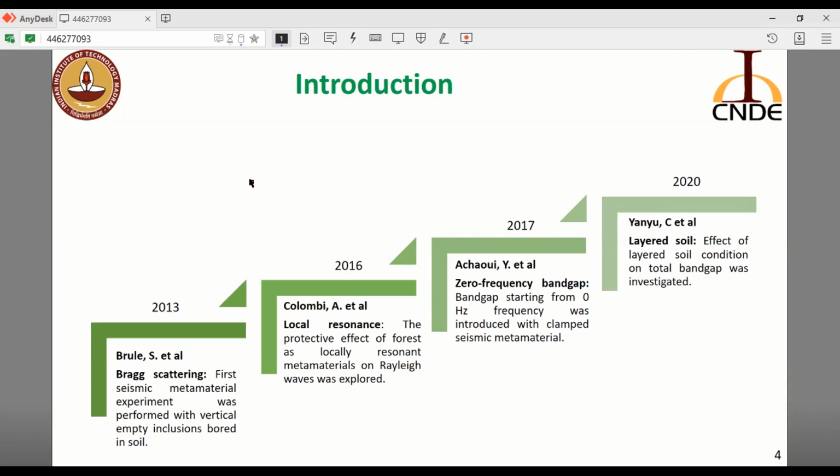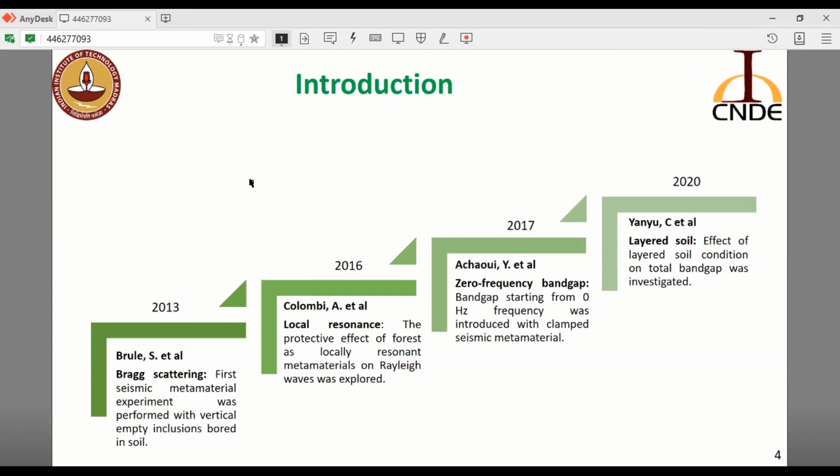It will not pass through the metamaterial. Yes, but why is it called a band gap? Because it will stop a certain range of frequency, and not below this or above this. Okay, thank you.